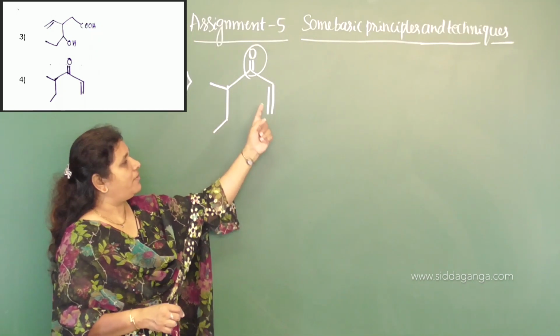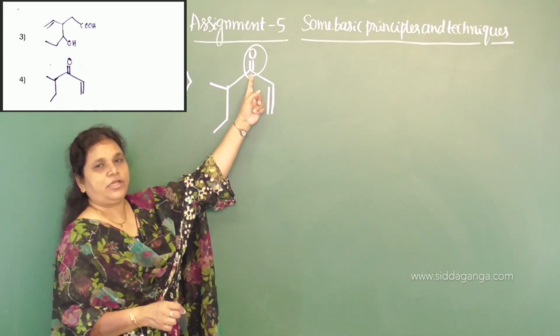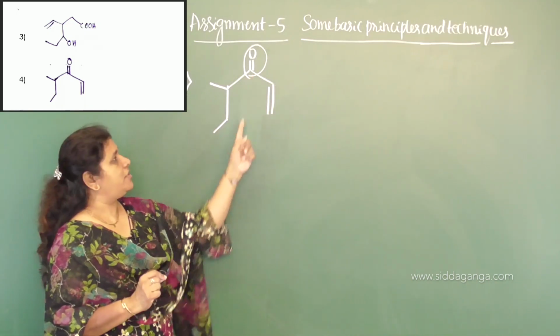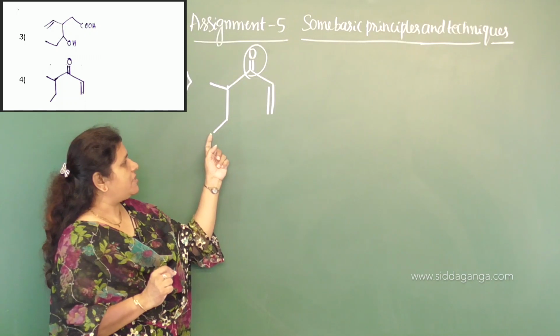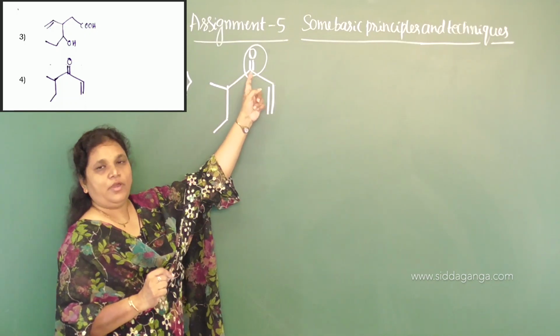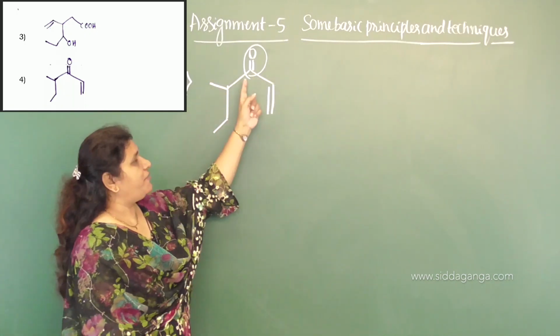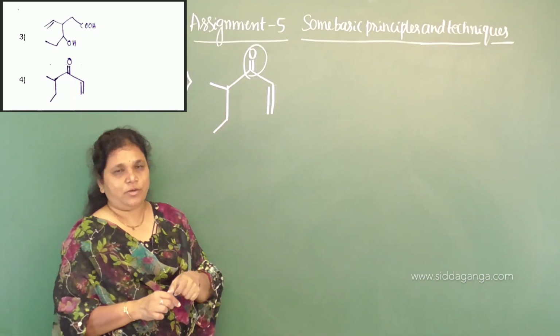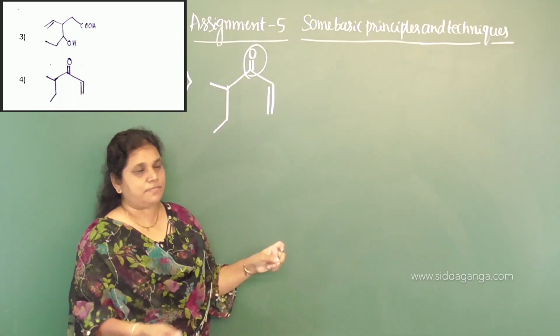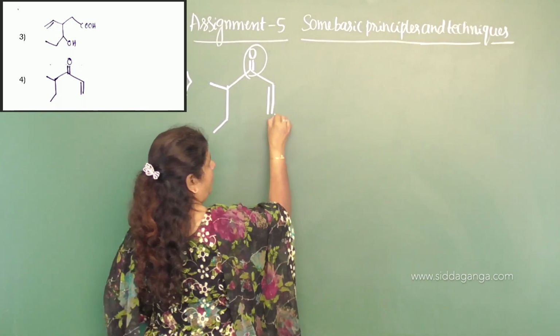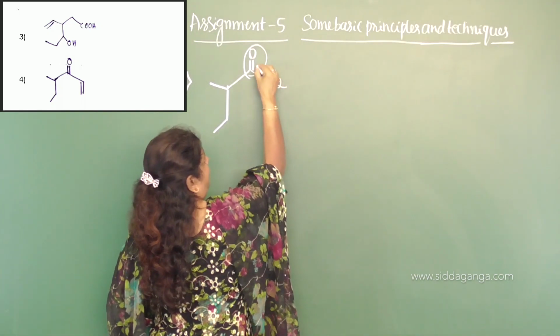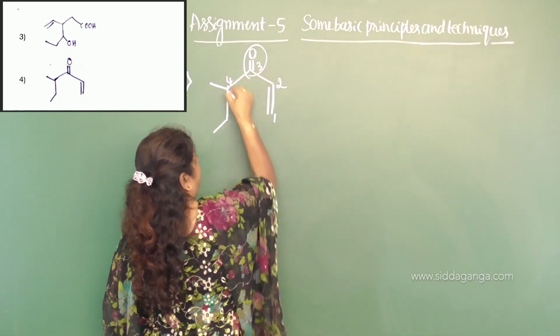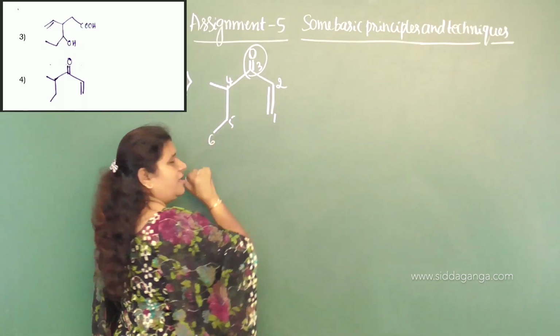If you give the number from this end, 1, 2, 3, you will get the locant 3 for the ketone functional group. If you give the number from this end, 1, 2, 3, 4, you will get the locant 4. So, preference should be given to the functional group by assigning the lowest possible number. Therefore, the number should be given from this end, 1, 2, 3, 4, 5 and 6.